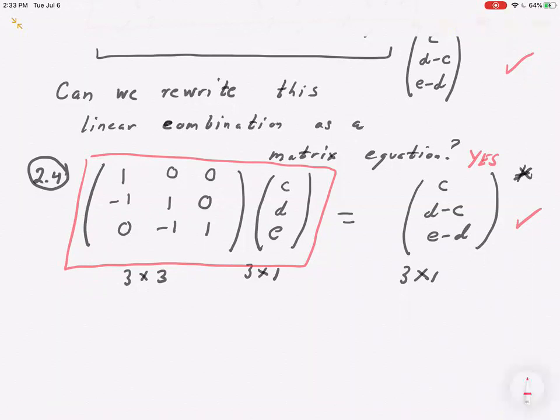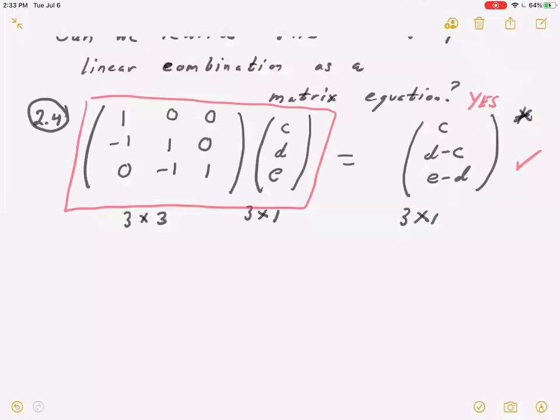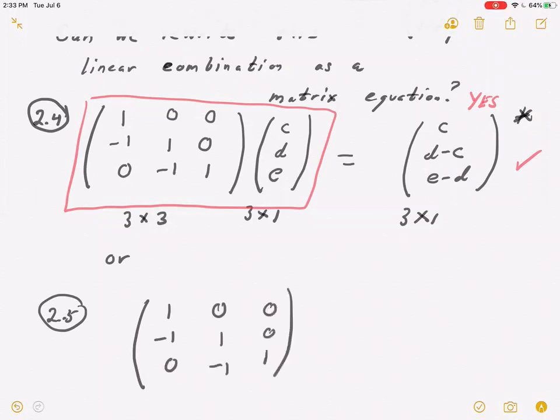Before we make that jump, let us recognize that equation 2.4 has a matrix where the first column, C sub 1, is the first vector, C sub 2 is the second vector, and C sub 3 is the third vector.